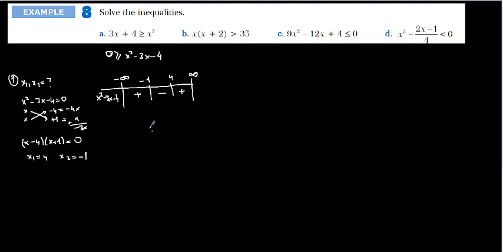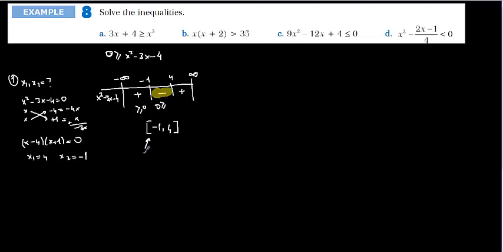But this time in this question I'm going to shade the negative area, because we are looking for less than or equal to 0. This is less than 0. This interval is greater than 0. So this one is our solution set, the interval between minus 1 and 4, and we are going to close it with this form because it is greater or equal to.